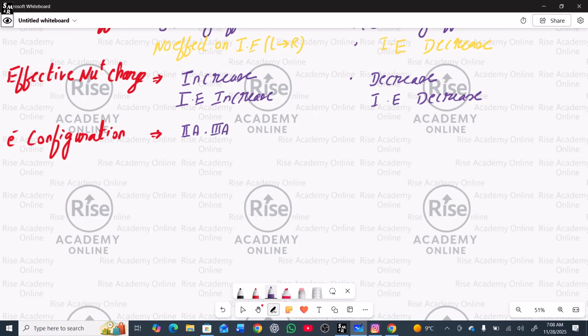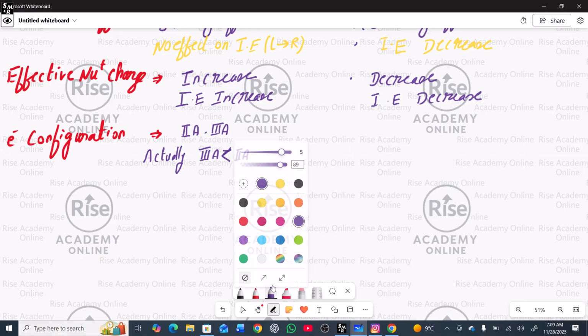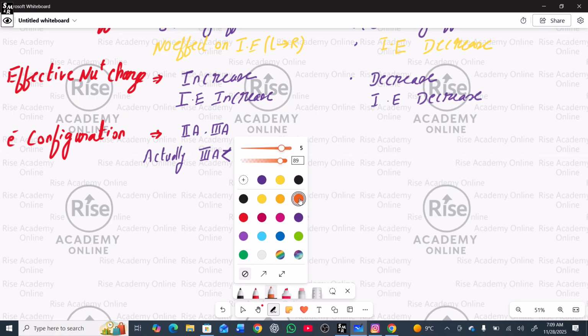Ionization energy by law, 3A should be higher, but actually the ionization energy of 3A is lower than 2A.